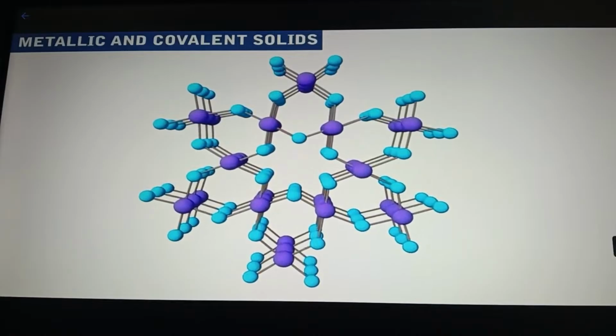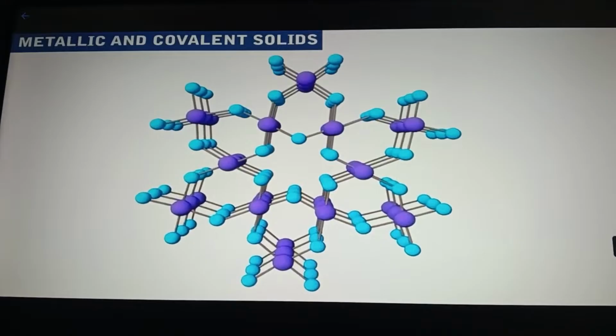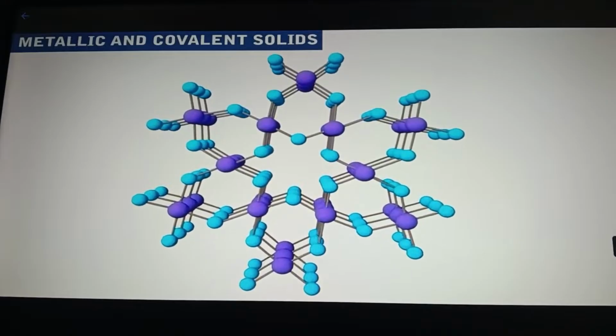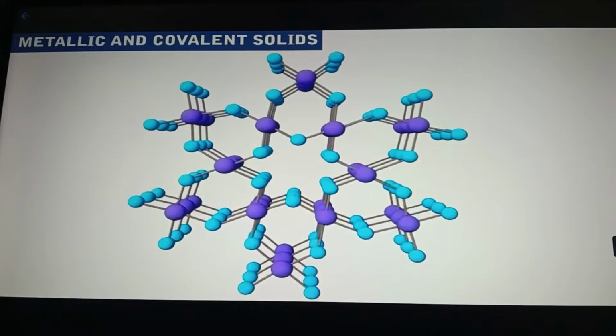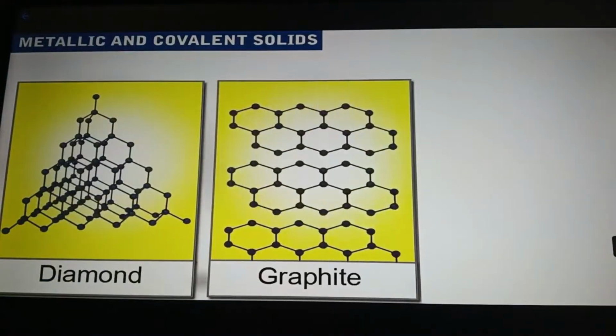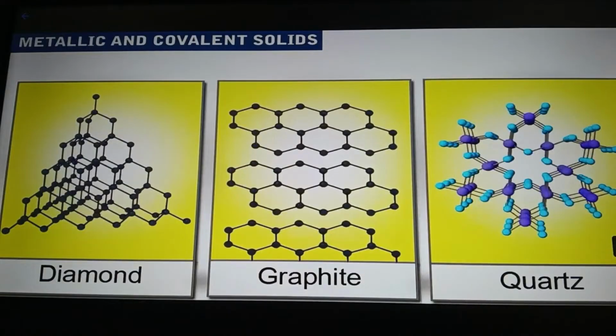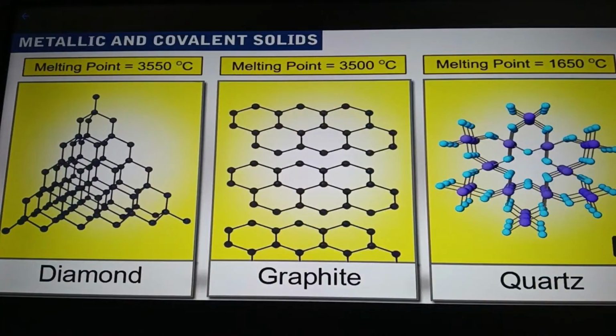Hence, covalent solids are also called network solids. They are also termed as giant molecules. Diamond, graphite, and quartz are some network solids. As the atoms are held by strong covalent bonds, these solids are very hard and possess very high melting points. These solids are non-conductors of electricity except for graphite.